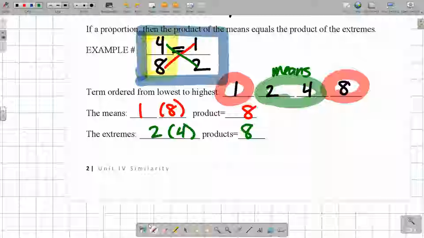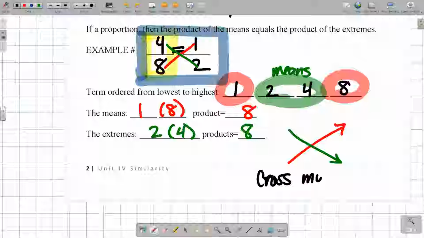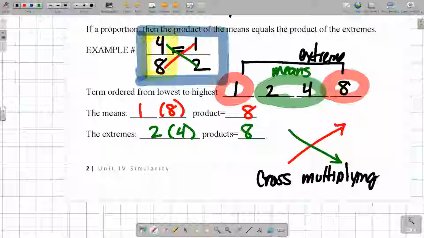If you look carefully, you will see that the multiplication of the extremes is the same as the multiplication of the means. You know this as cross multiplying. The technical name is the product of the extremes is the same as the product of the means. And that's true of all proportions.